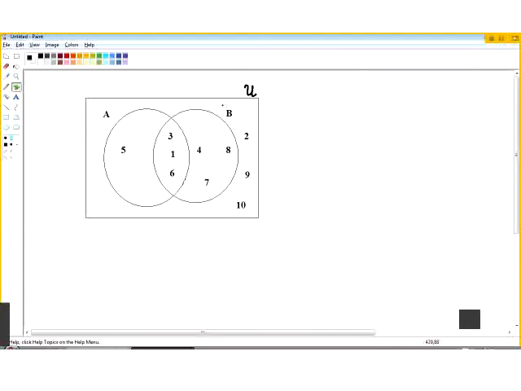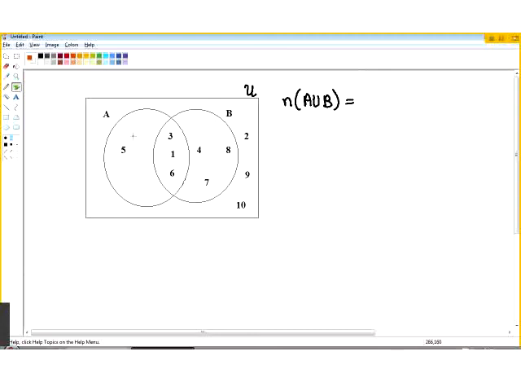If you're given the question, N of A union B, we're looking at the number of elements that are going to be in A union B. So you need to identify A union B. First thing, let's identify A union B.